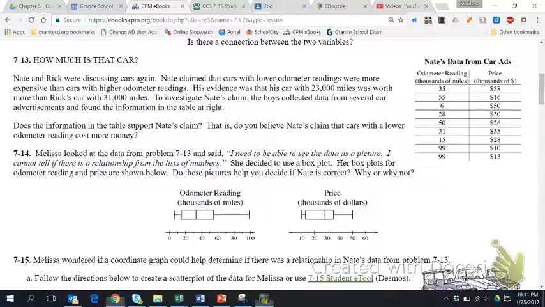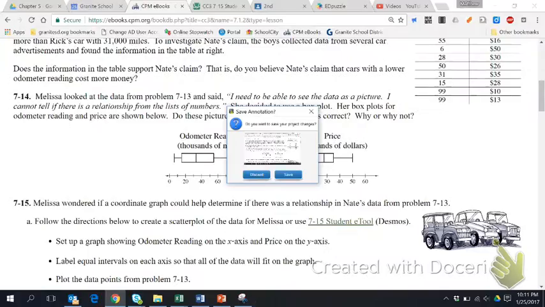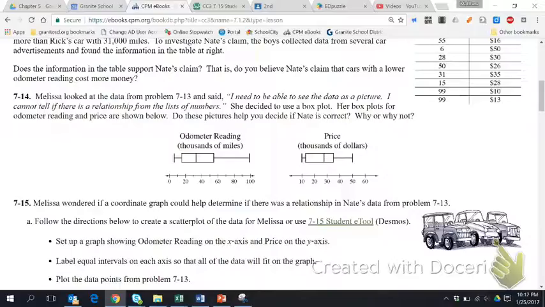So let's look at 7-14. Melissa looked at the data from 7-13 and she said, I need to be able to see the data as a picture. She's a visual learner. She needs that picture. I cannot tell if there's a relationship just by looking at a large list of numbers. She decided to use box plots. Her box plots for odometer reading and price are shown below.